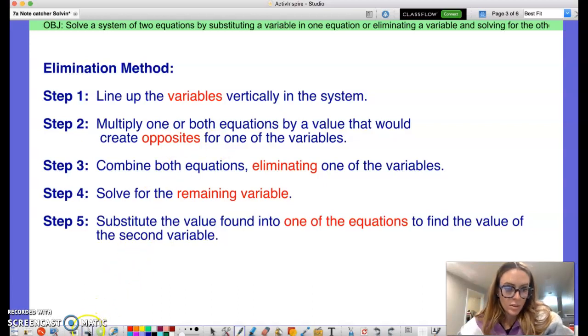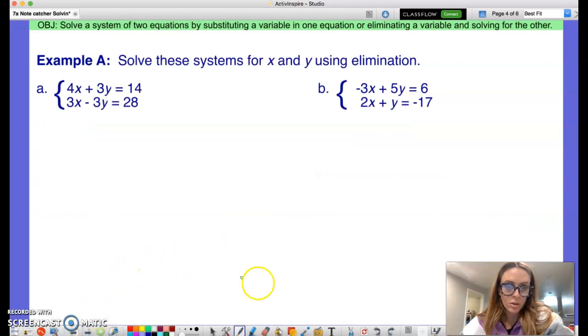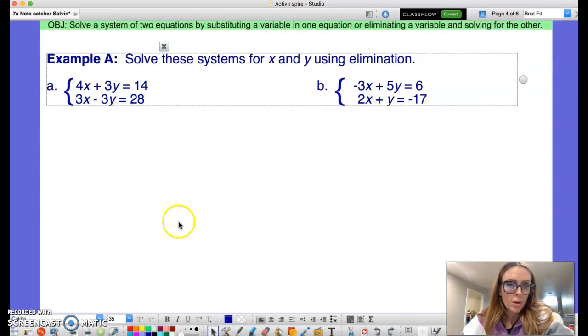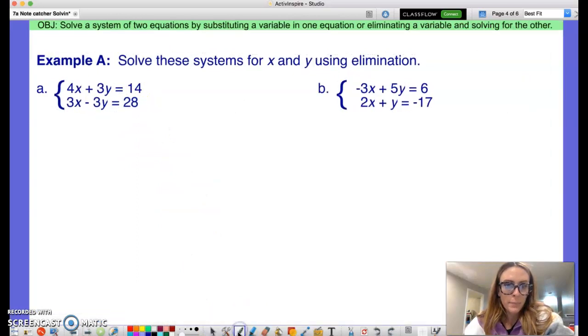All right, so let's put those steps to work. Here is our first problem. We have 4x plus 3y equals 14. Here's what I want you to know about this: this x here is lined up with this x.